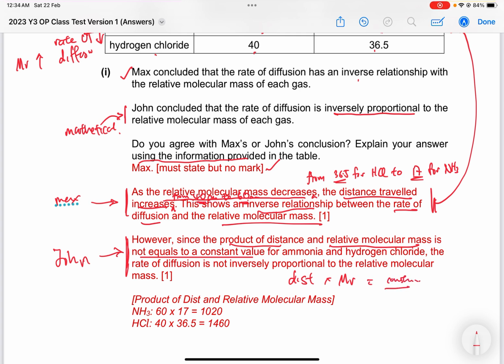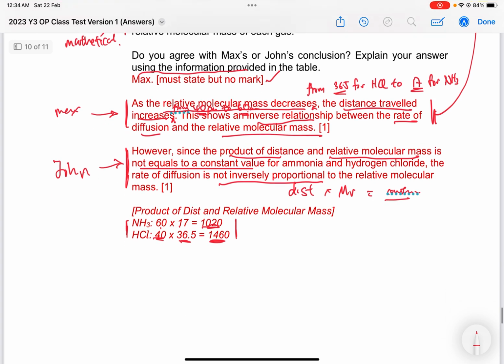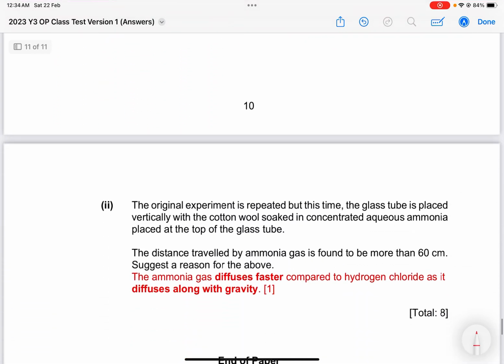Okay, but the problem is that this is not a constant, therefore you cannot use the term inversely proportional. So it's a very math thingy. So if you can look at it, for ammonia, if I take 60 times 17 is 1020, HCl is 40 times 36.5 is 1460. Okay, so take note, the key here is really the difference between inverse relationship versus inversely proportional.